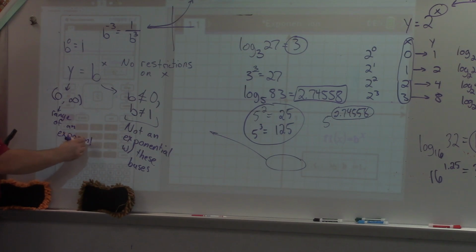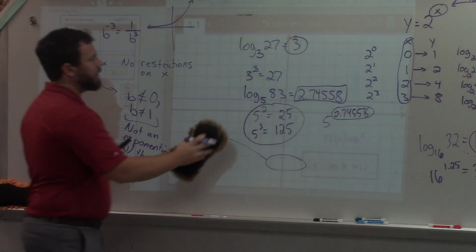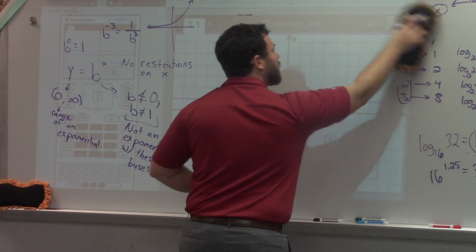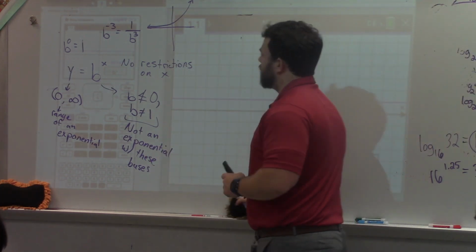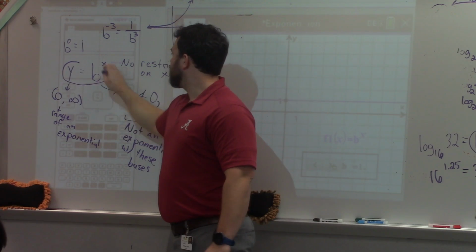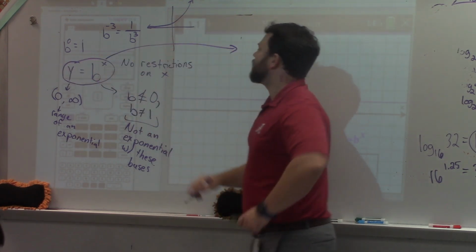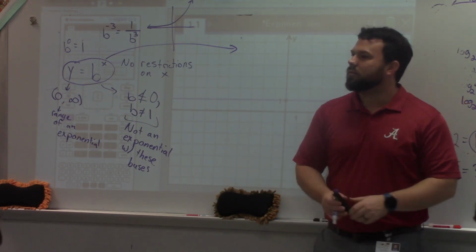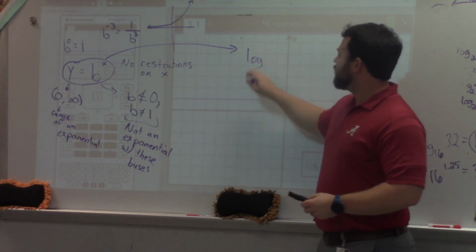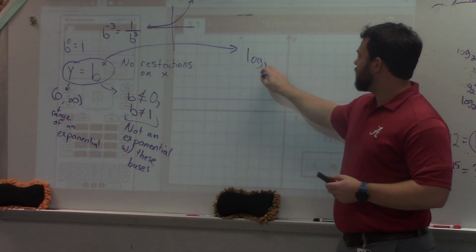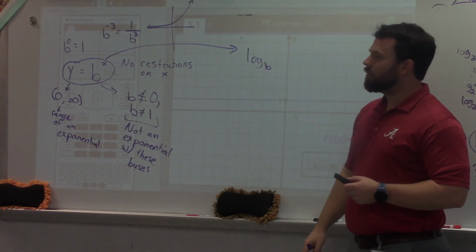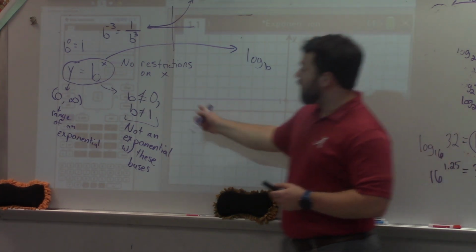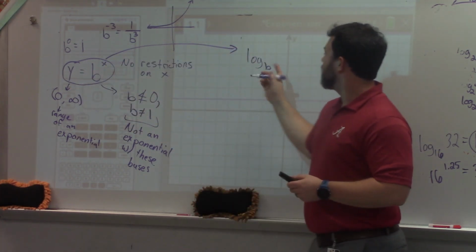And I go through all of this because I need you to clearly understand that when we look at the book, what would be the logarithmic version of that equation? What would I have? I'll have a log base b of y, not of x. Remember, what was my output is now my input.